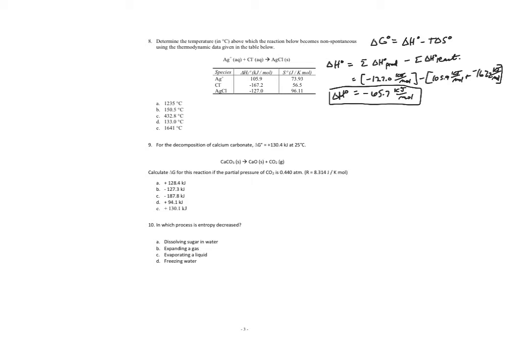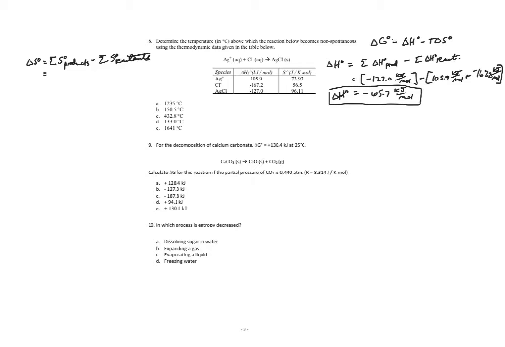All right, now we need to do the same exact calculation for our delta S. So I'm going to do that over to the right here. So our delta S is going to be equal to the sum of all of our products minus the sum of our reactants.